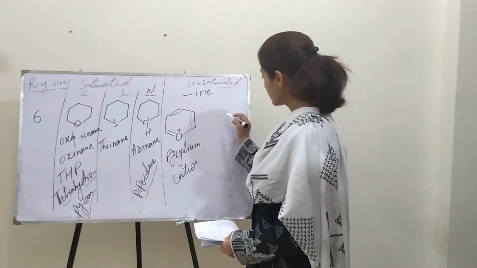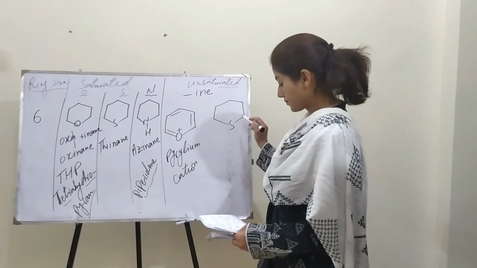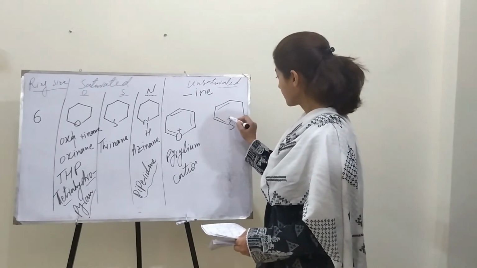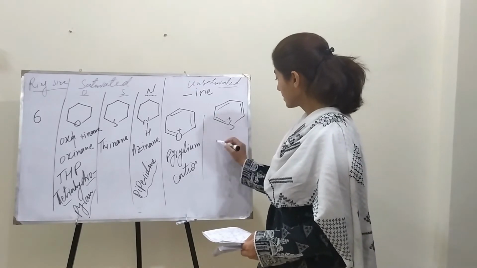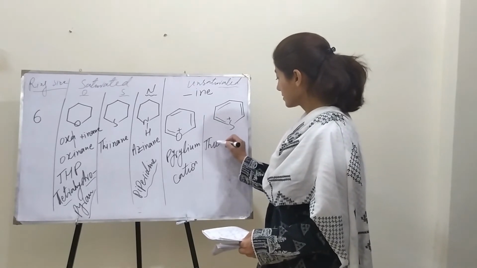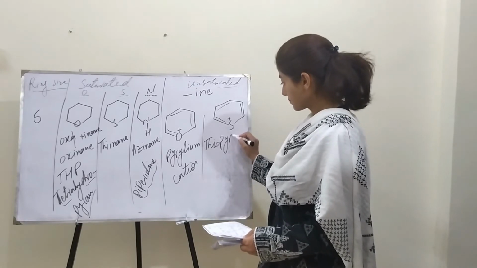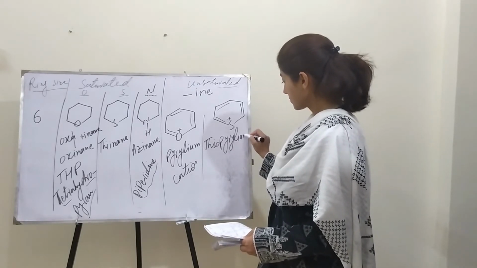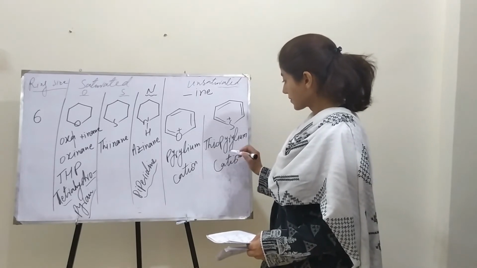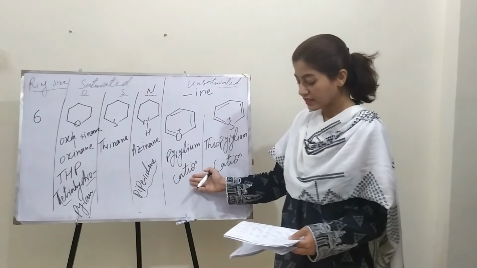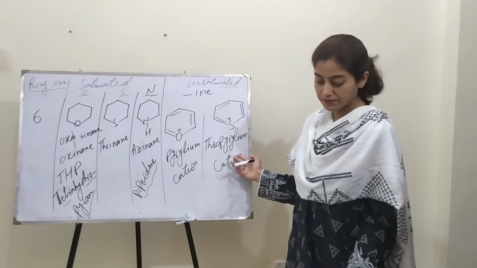And in the case of sulfur, its name would become thiopyrylium cation. Here this is pyrylium cation and this becomes thiopyrylium cation.